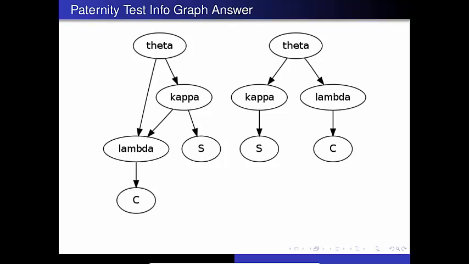If you put mom in, which you could do, we wouldn't call that wrong, there'd be a hidden variable in between lambda and theta, which would represent a genetic state for mom. But I think you can see that having mom in there would simply be a way of connecting lambda to theta besides just going through kappa.